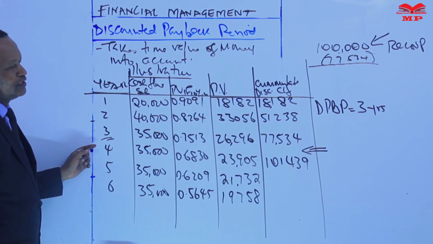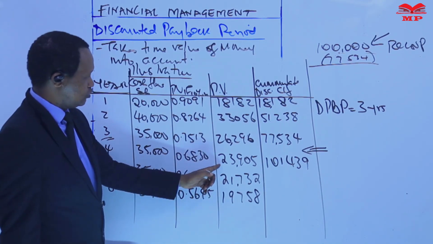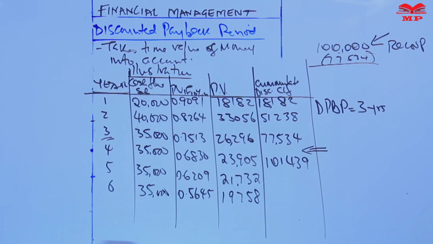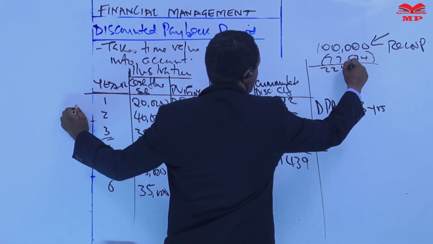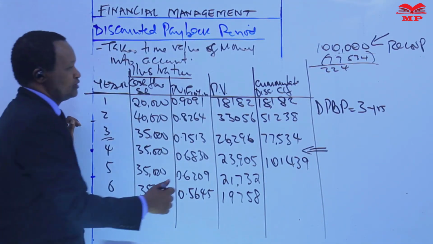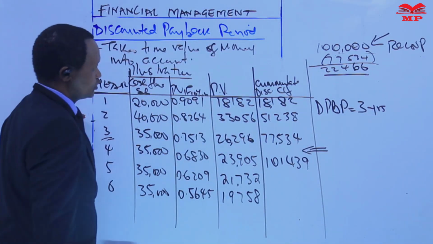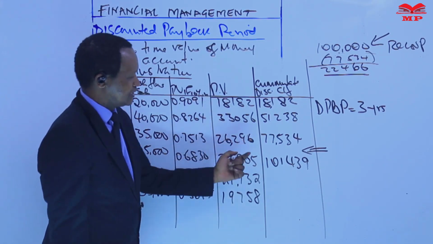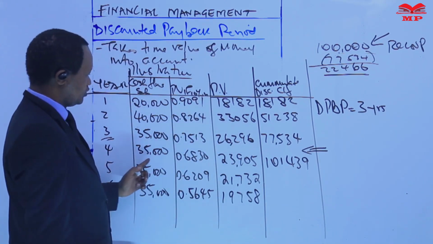Muslima says 22,466. So the 22,466 will be recovered from the cash flows for year 4.